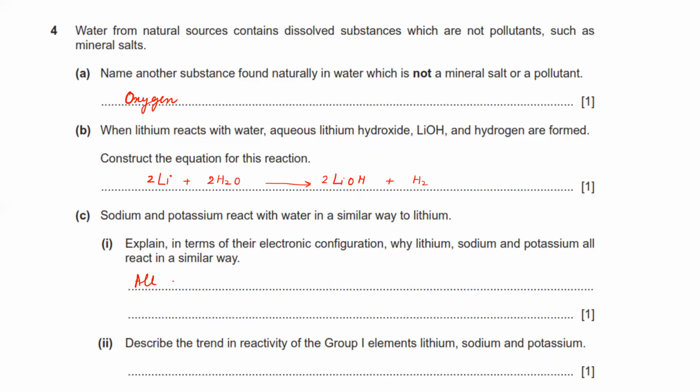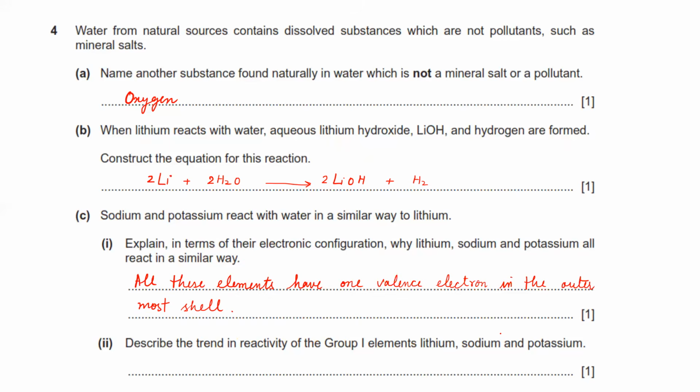Remember, all these elements have one valence electron in the outermost shell. Okay, that is why the reactions are the same. Then describe the trend in reactivity of group 1 elements lithium, sodium, potassium.